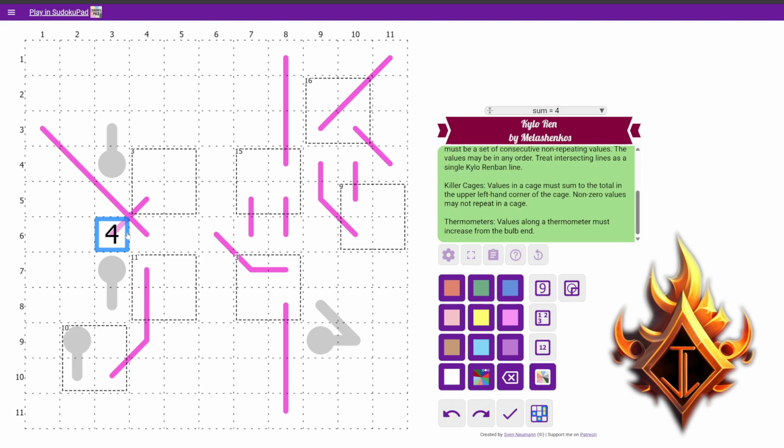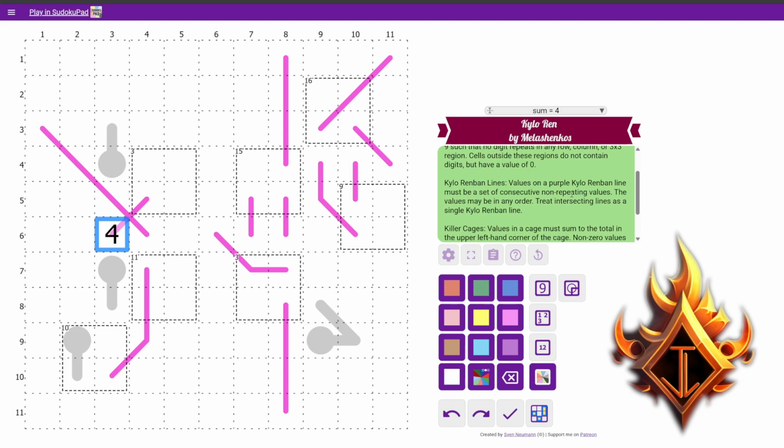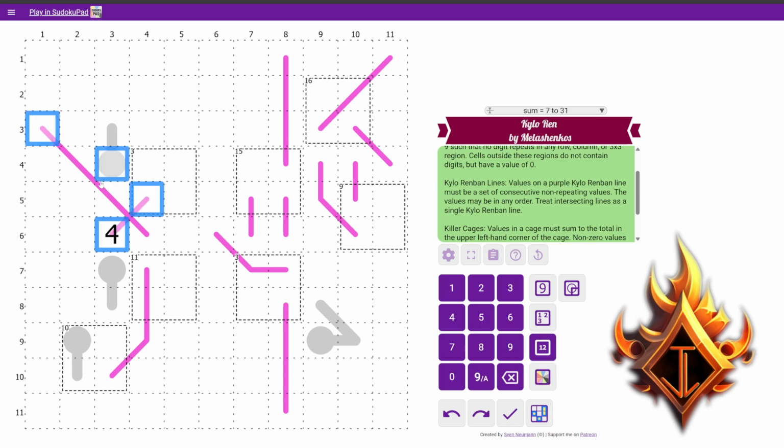Okay, we have one given digit. Treat intersecting lines as a single Kylo Rinban line. Yes, so these lines intersect, so this is one line.